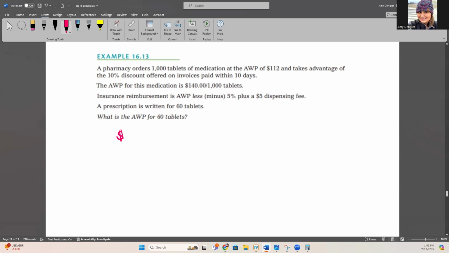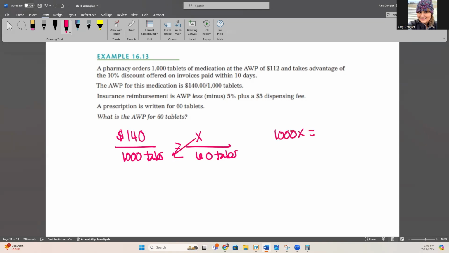So we're going to take our $140 and put that over our 1,000 tabs. And remember, we want to do 60 tabs. And how much money is that? So then we would do 1,000x is equal to 140 times 60.